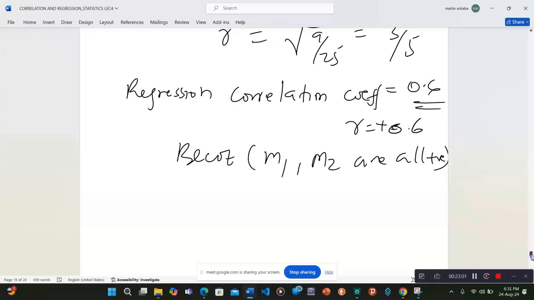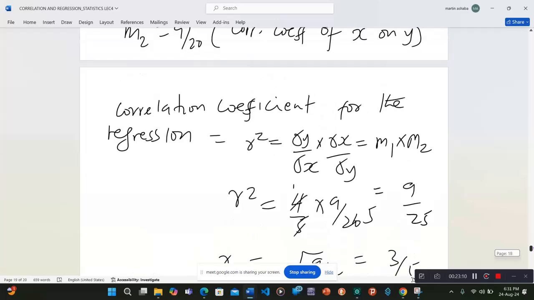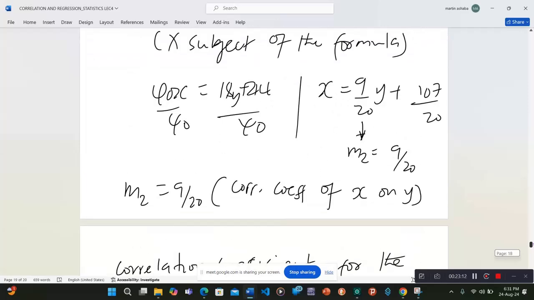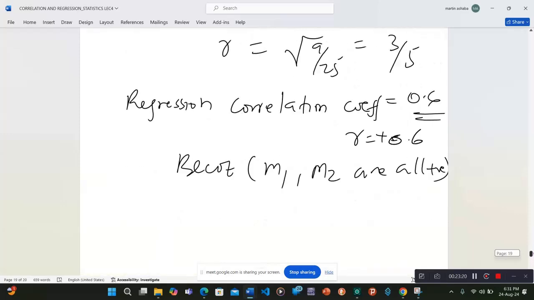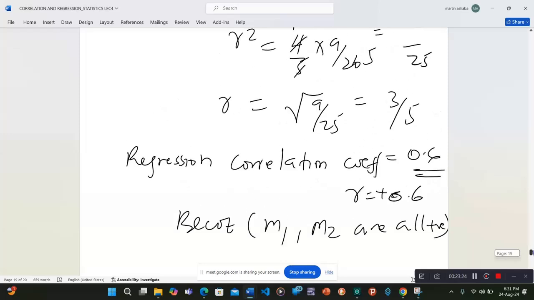So that's why the sign of the correlation coefficients matters a lot, because at the end of the day, it will determine the conclusion you're going to make on whether the correlation coefficient is positive or negative.